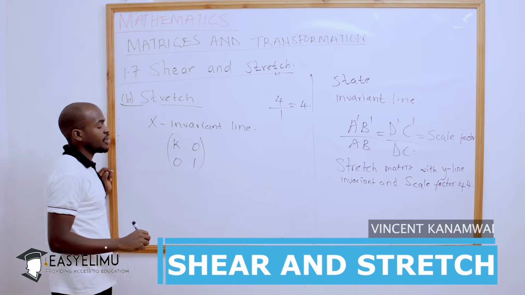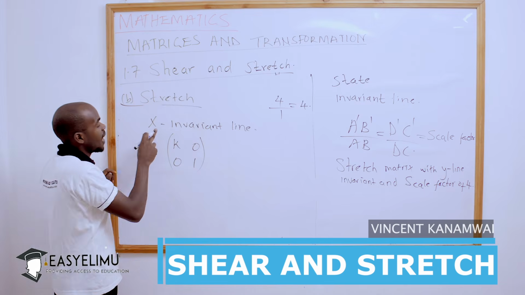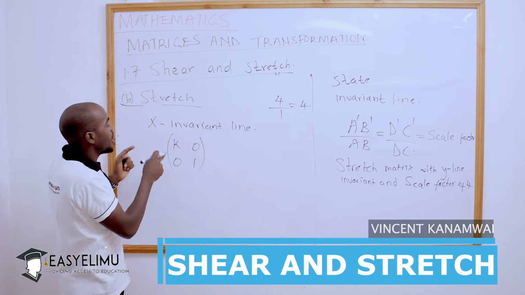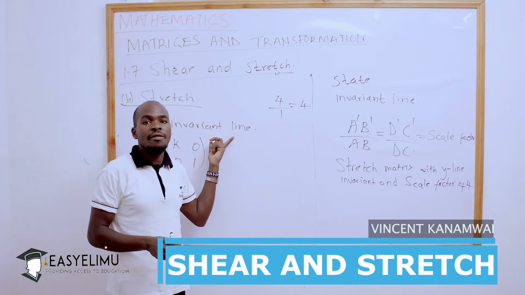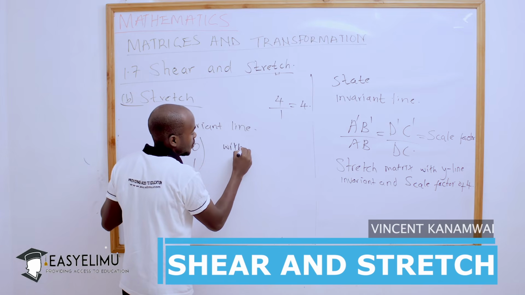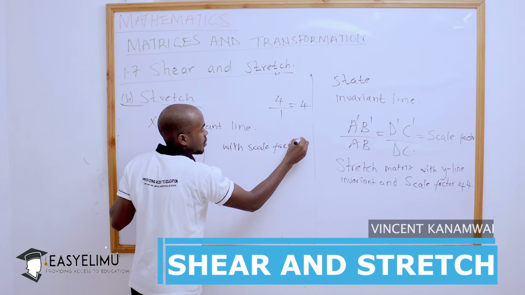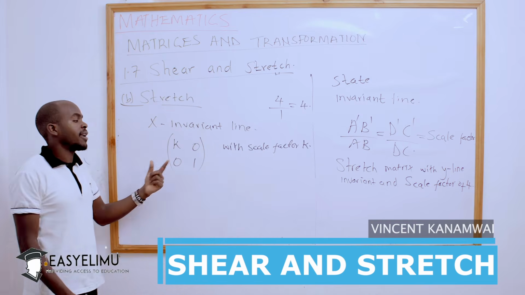If you find a matrix which resembles that one, you know that is a matrix with the X line invariant, with scale factor K. That is the scale factor there.